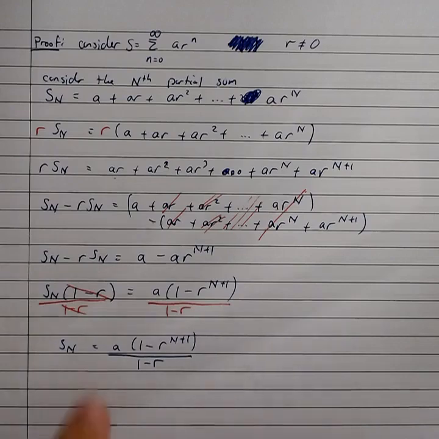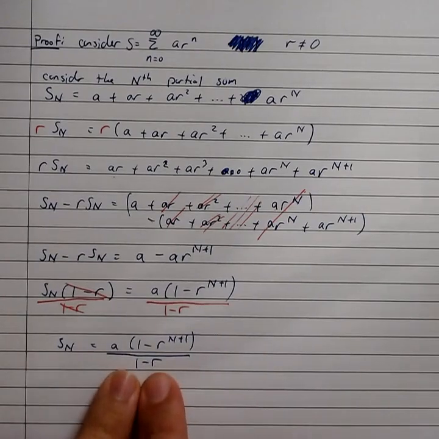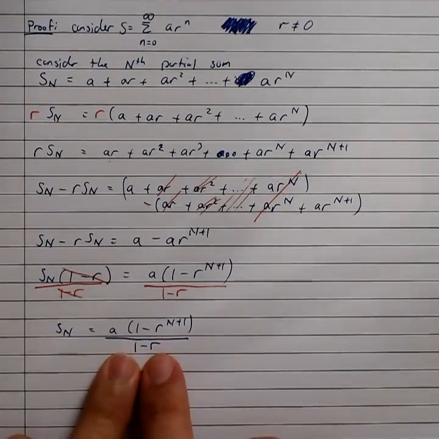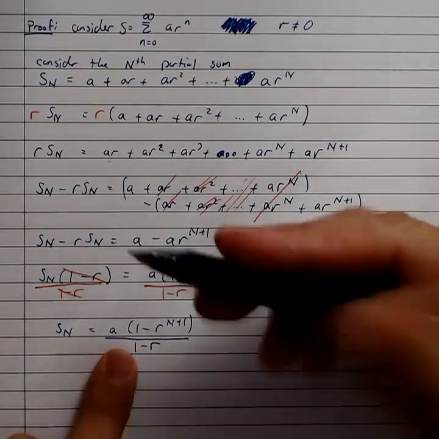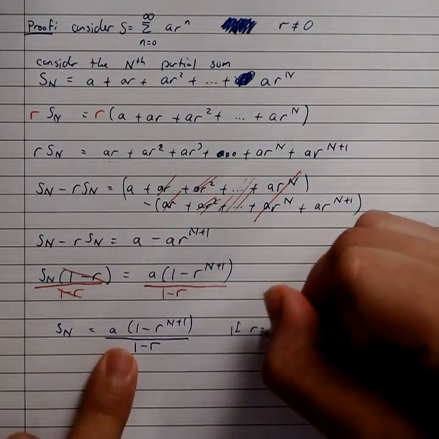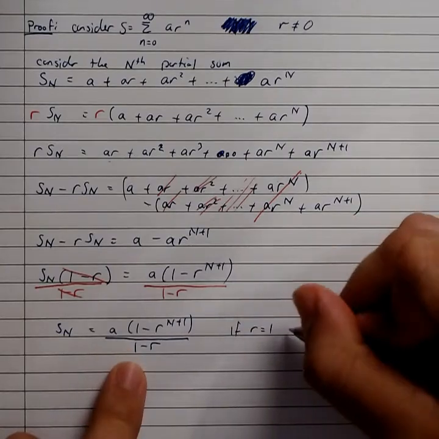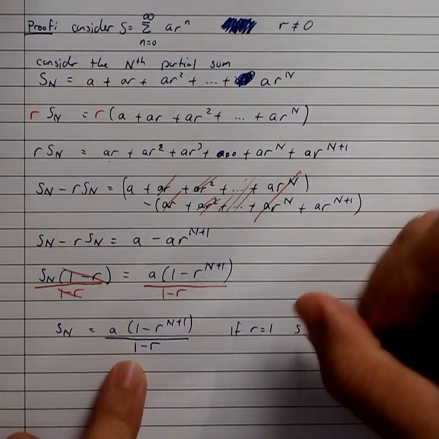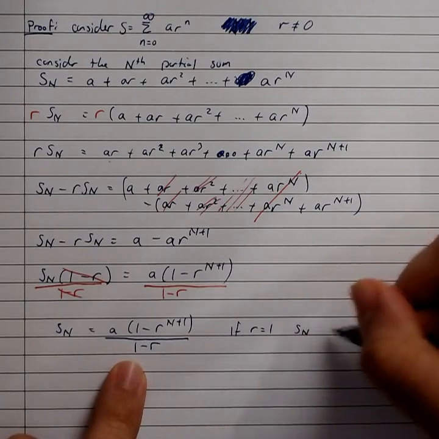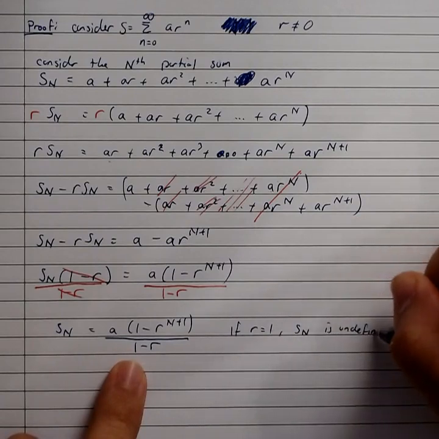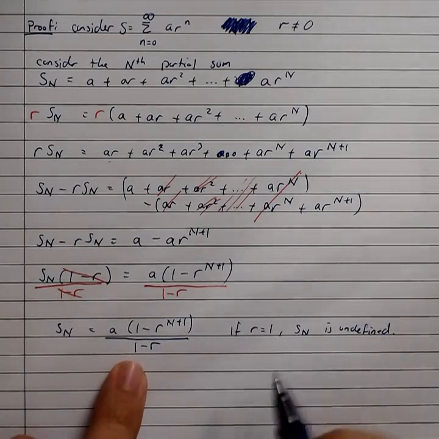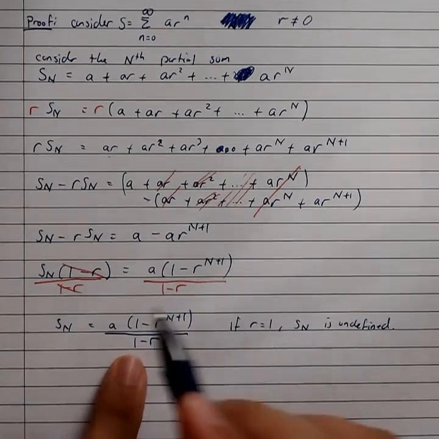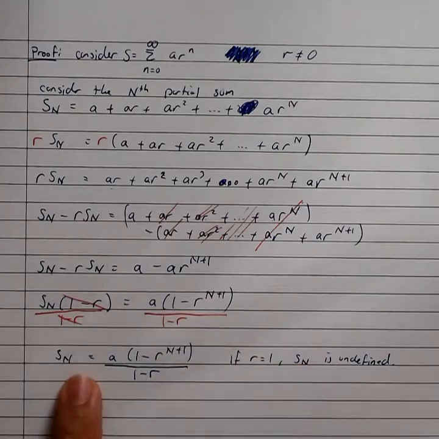Well, notice now that if R is equal to 1, we have a major problem. If R is equal to 1, this whole thing is undefined. So if R equals 1, then S sub n is undefined. But if S sub n is undefined, then its limit is undefined.